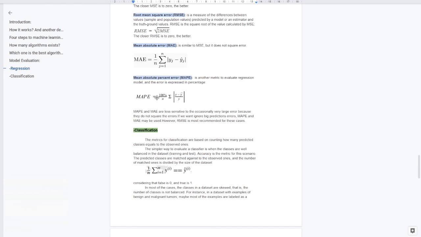MAE and MAPE are less sensitive to occasional very large errors because they do not square the errors. If we want to ignore big prediction errors, MAE and MAPE can be used. However, RMSE is most recommended for these cases.